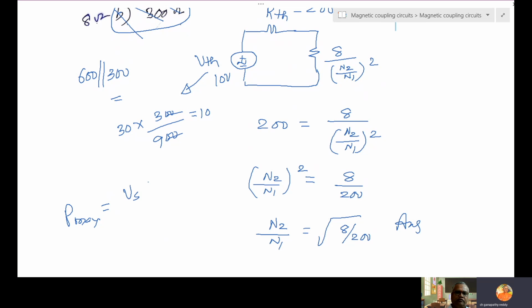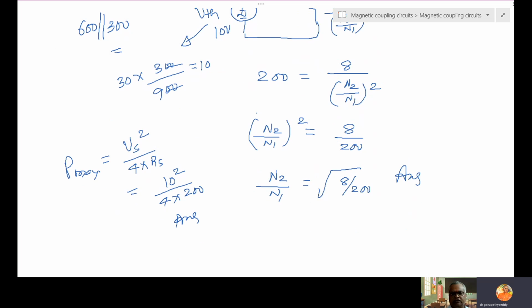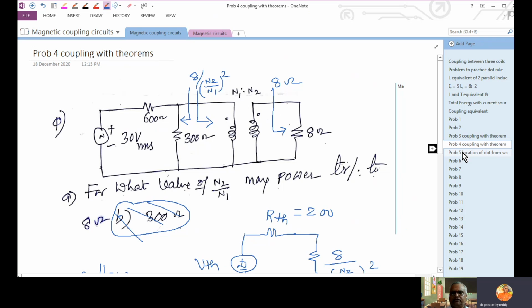Vs square by 4 into RL or RS, anything. Vs is 10, so 10 square by 4 into RS. RS and RL will be the same, so that is 200. If they ask maximum power, you need to find VThevenin also. It's a repetition of Thevenin's theorem, but with a transformer, this is how to solve it.